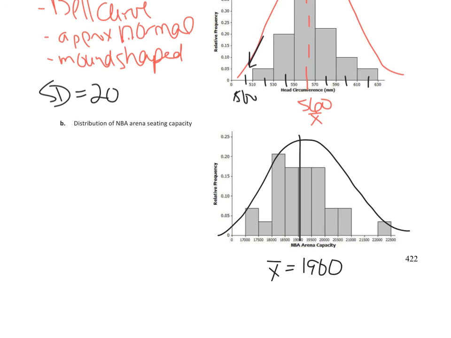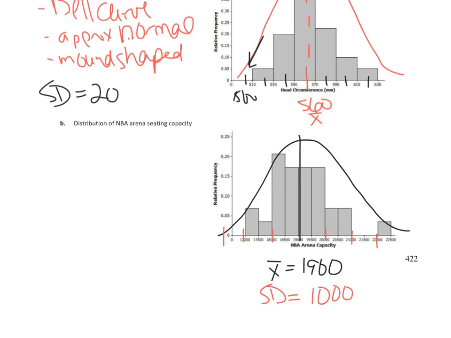So if I count by 100s, 1,900 plus 100 would get 2,000, and then 2,100, and then 2,200. Not bad. And if I subtract, I'd get 1,800, 1,700, and 1,600. So that's a little bit off the data, but it does encompass most of it. So I'm going to say my standard deviation is about 100. This is just an estimate.